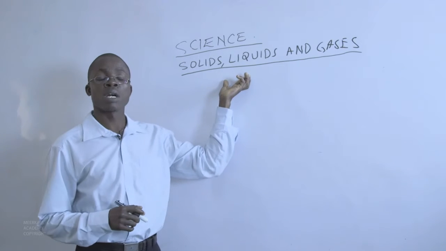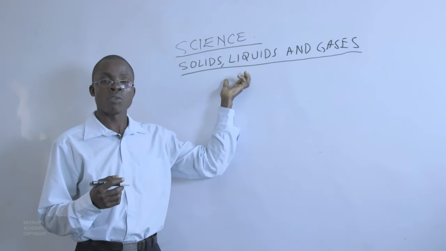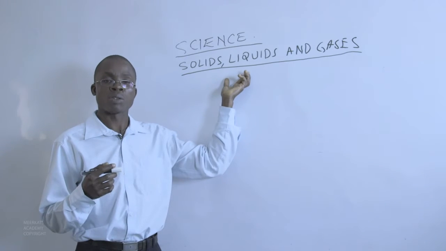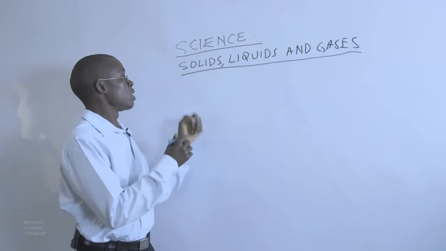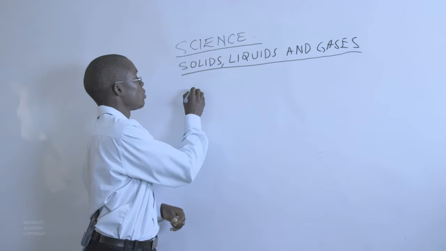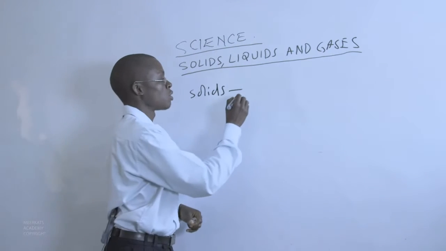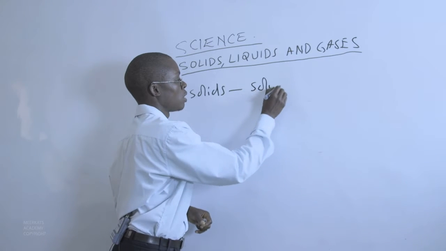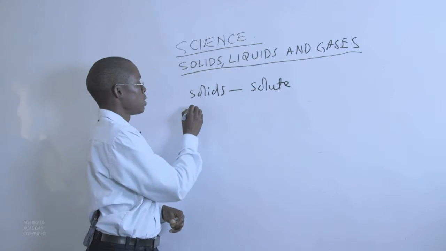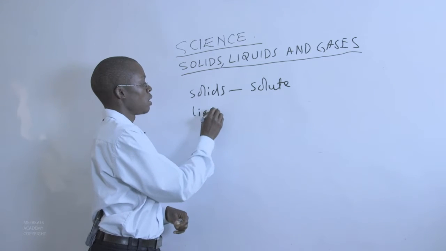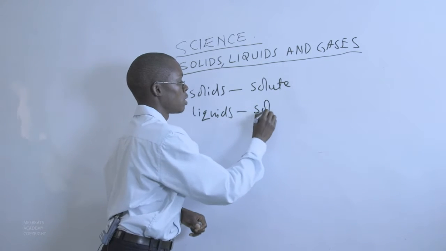When these two states come together, it leads to the formation of what we call a solution, whereby solids give what we call a solute, and the liquids give what we call a solvent.